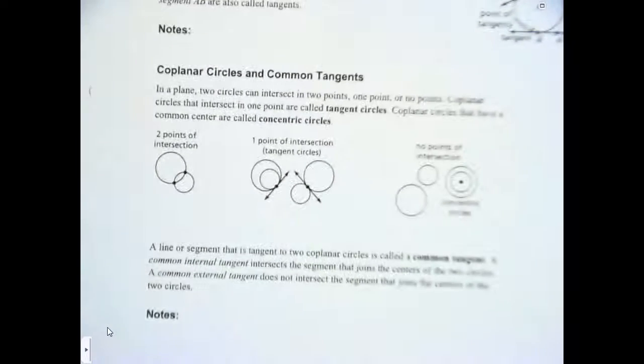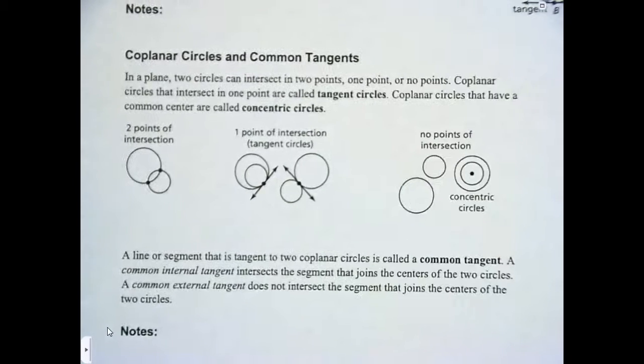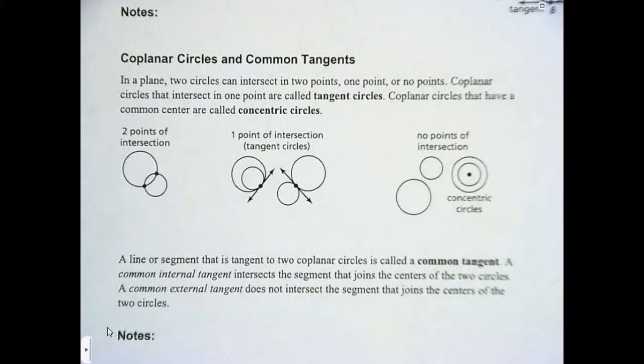All right. Coplanar circles and common tangents. In a plane, 2 circles can intersect in 2 points, 1 point or no points. Coplanar circles that intersect in 1 point are called tangent circles. Coplanar circles that have a common center are called concentric circles.